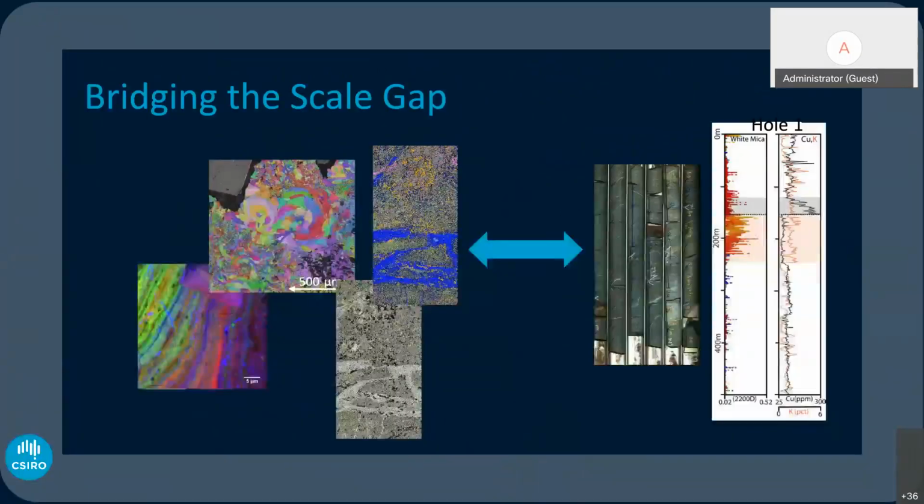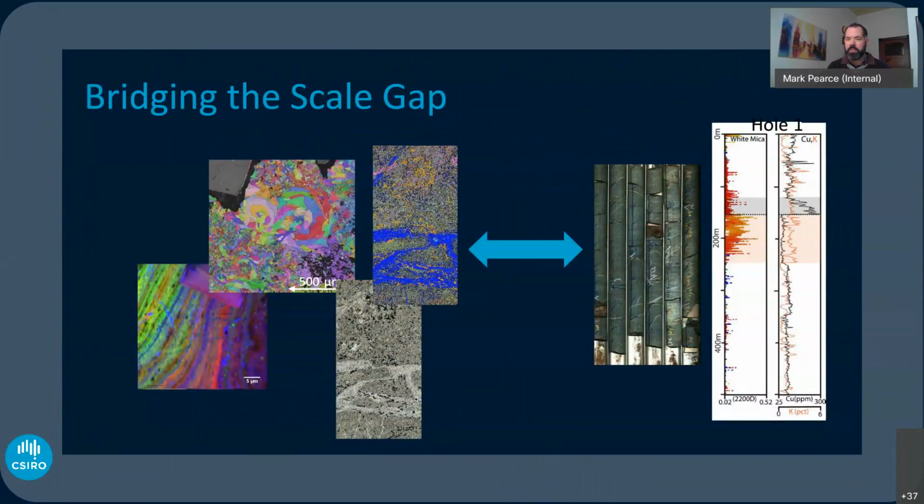The reason behind developing this technique was that a lot of the research we do as scientists is on small scale data sets. On the left here, you can see some thin sections, an automated mineralogy map, some electron backscatter diffraction data and some nanoSIMS.